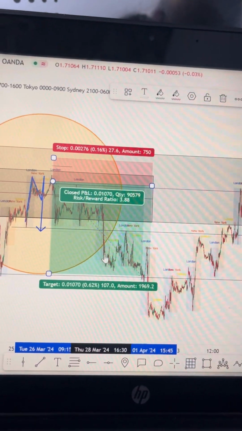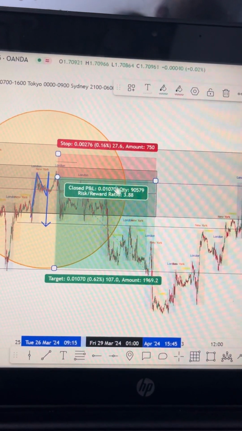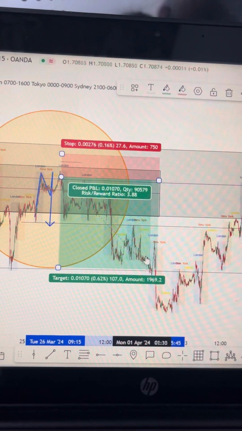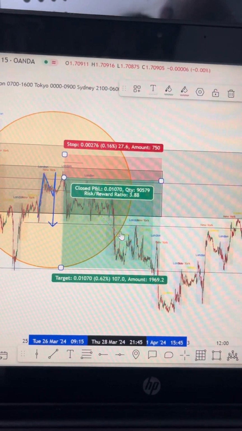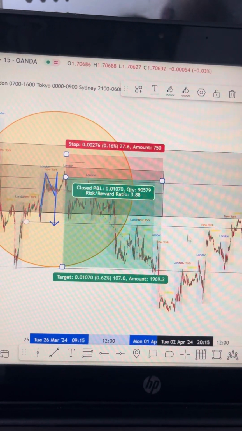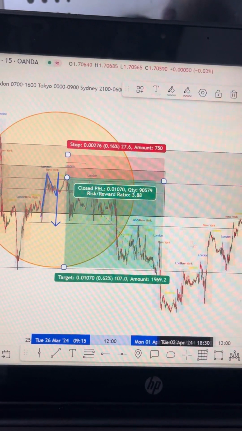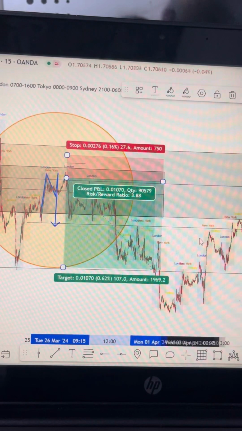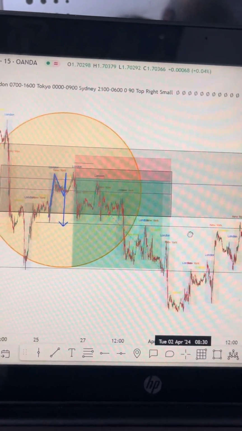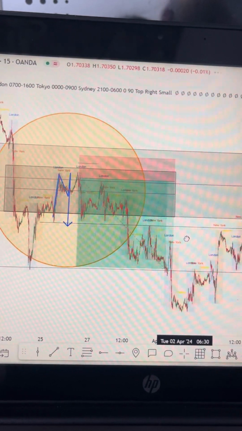But if you're risking $2 per pip, that is times 2. That means you're risking $50 to make about 200 and something dollars. Right? Yeah, right. So that was the trade I took, and I was very happy I took the trade. So that is my little analysis on GBPCAD that went well for me.